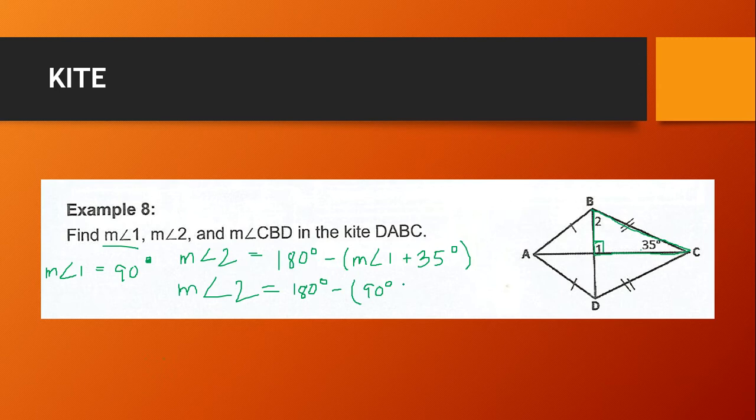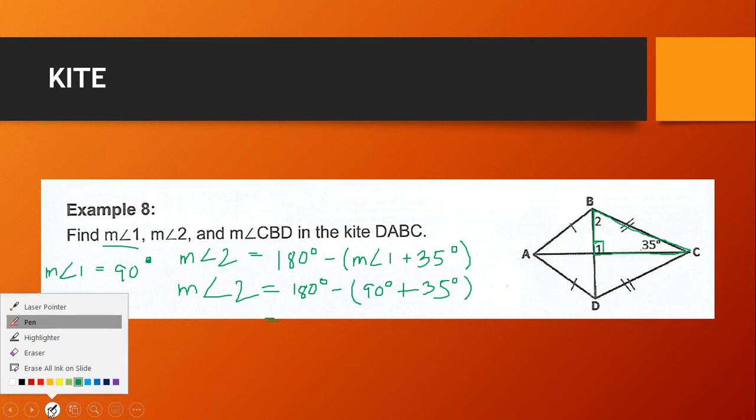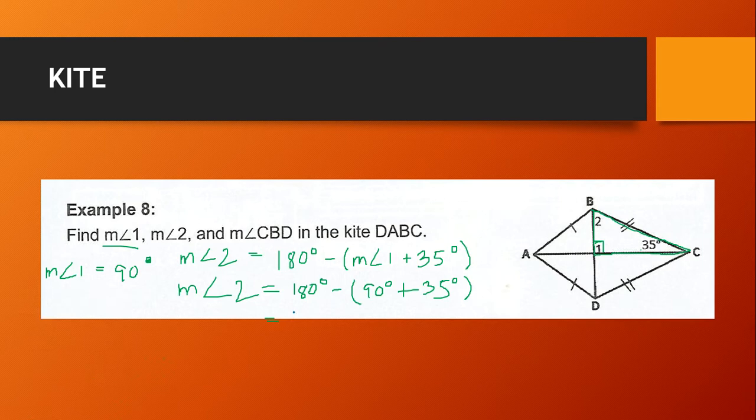So that's 90 degrees plus 35 degrees. Then that equals, okay, let's change the color of the pen. I prefer this blue. So this is 180 degrees minus 90 plus 35, that is 125 degrees.